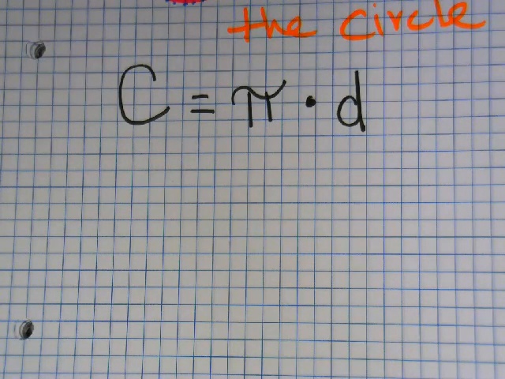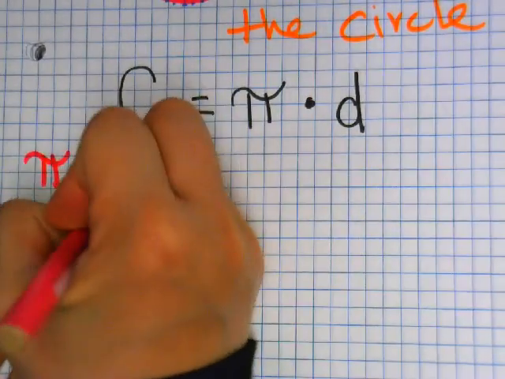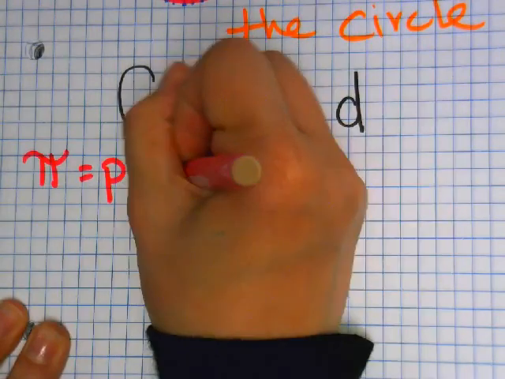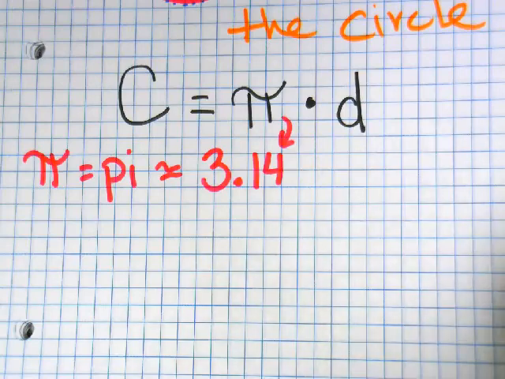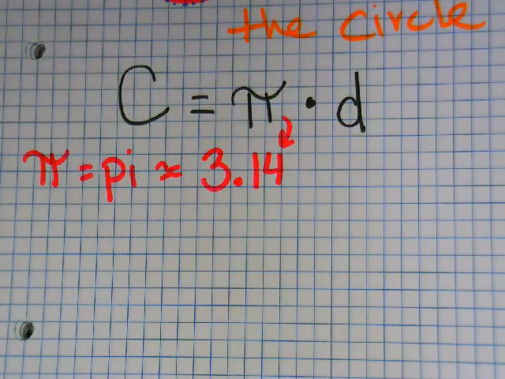So every time you see this symbol from now on, and sometimes you'll see it randomly in random places, this pi has a special value. So pi, which is spelled P-I, is about 3.14. Okay? So in geometry, when the teacher says, hey, what is pi equal to? You will have to know that when we talk about pi in math, the number is 3.14. It will always be 3.14.